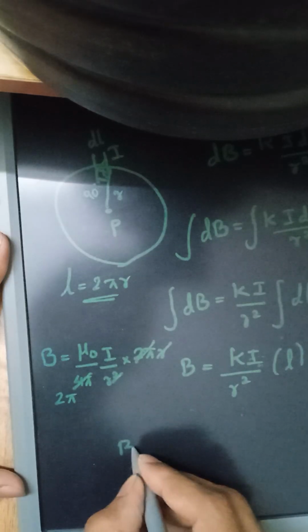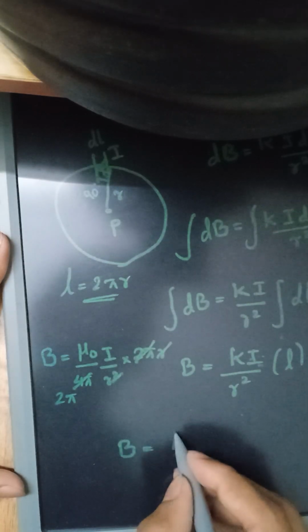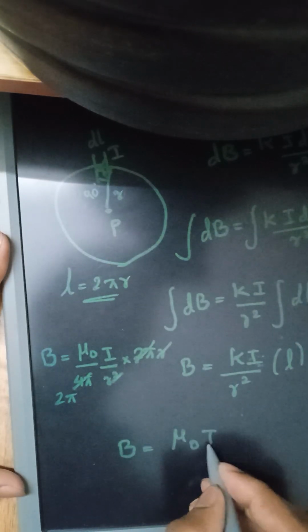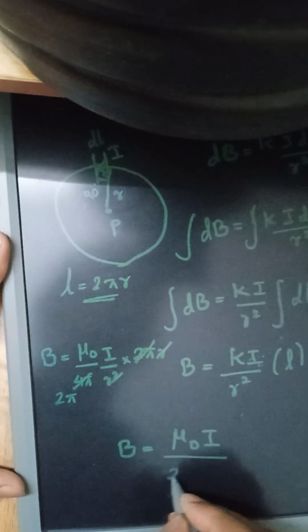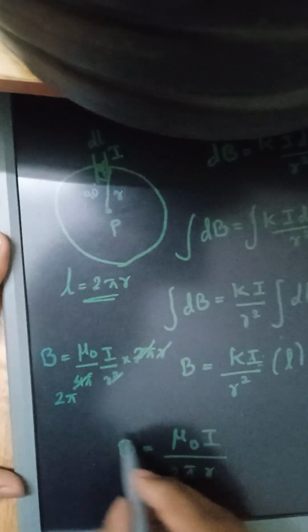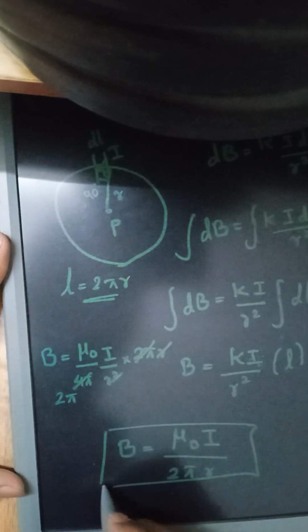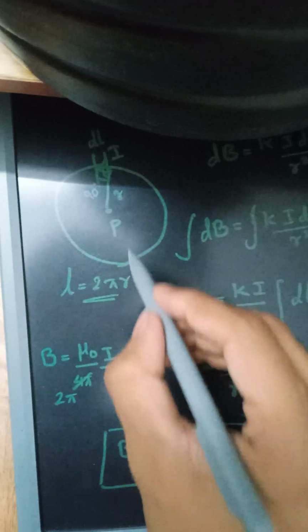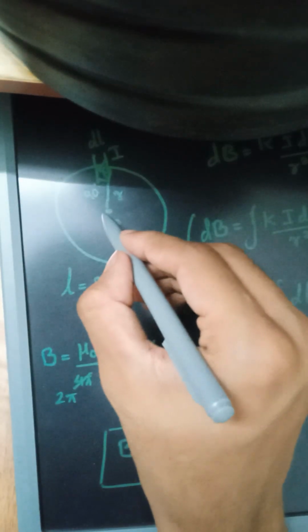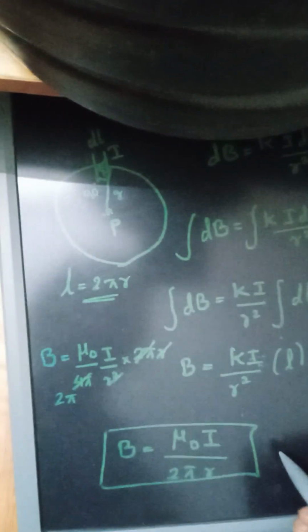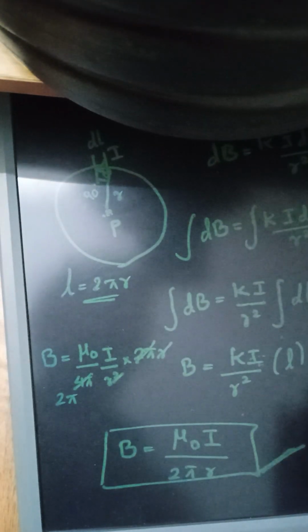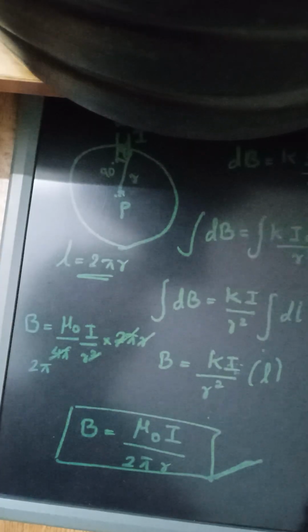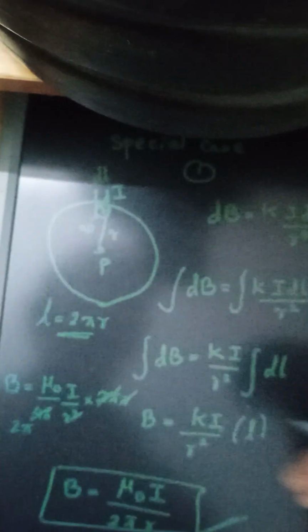So the final equation is B equal to mu naught I by 2 pi r. This is the magnetic field at this point due to the current carrying conductor. This is the equation, and I will be discussing some numericals based on this in the last part of the video.